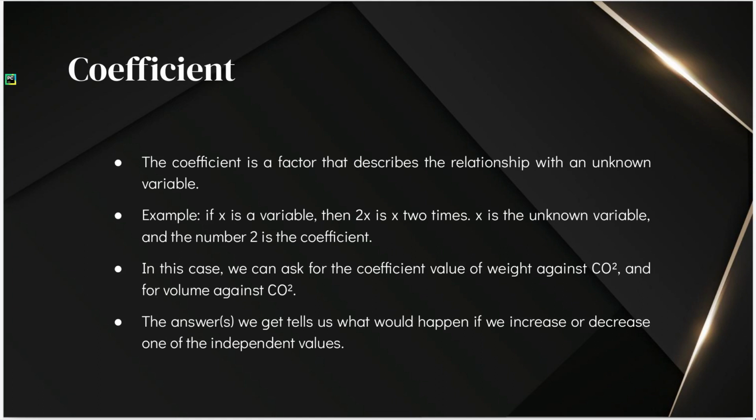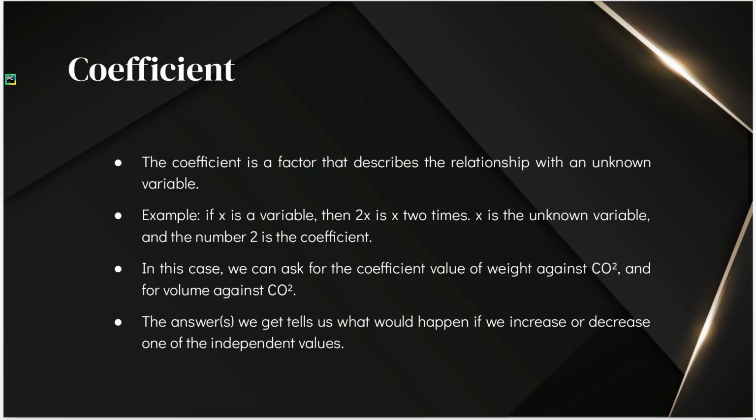As you probably have seen in my previous lectures, we have a coefficient that describes the relationship between the variables. A coefficient is a factor that describes the relationship between an unknown variable and a known variable. For example, if x is a variable, then 2x is 2 times x, and x here is the unknown variable, and the number 2 is the coefficient.